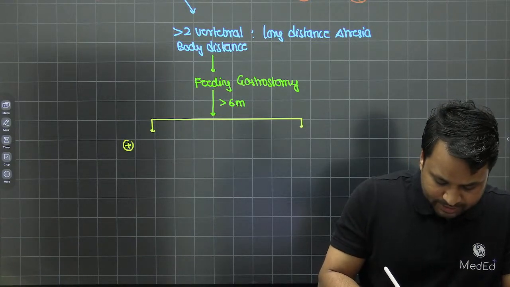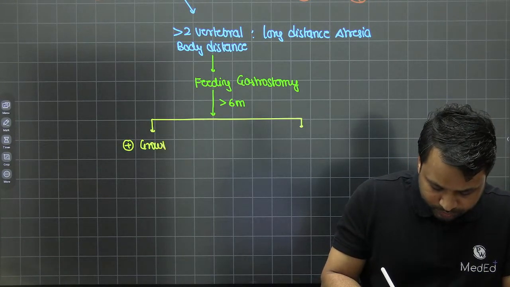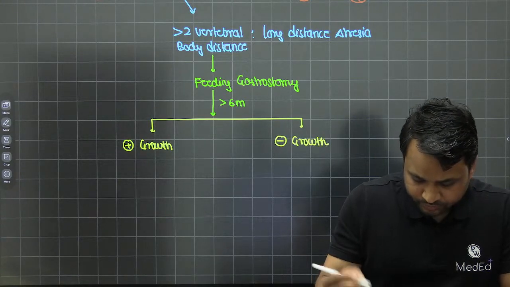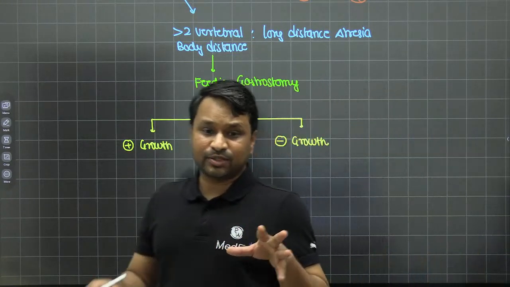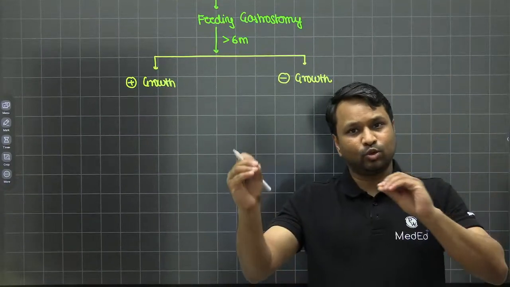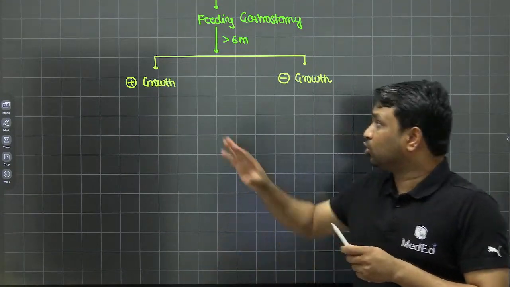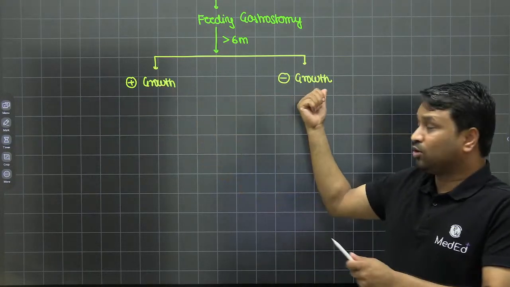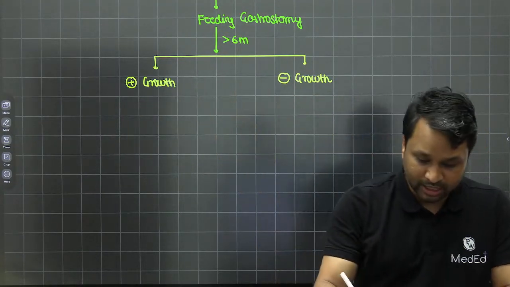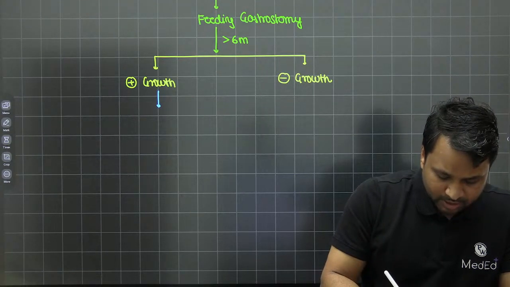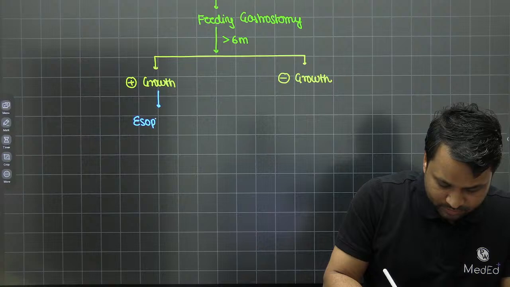You can analyze whether there's any growth or not. How do you analyze this? Again by X-ray, the 2 vertebral distance rule. If growth is present, the distance between the two esophageal segments will be less than 2 vertebral bodies. If there is no growth, it will be more than 2 vertebral bodies. If growth is present, nothing like it, go ahead and perform the esophageal anastomosis.